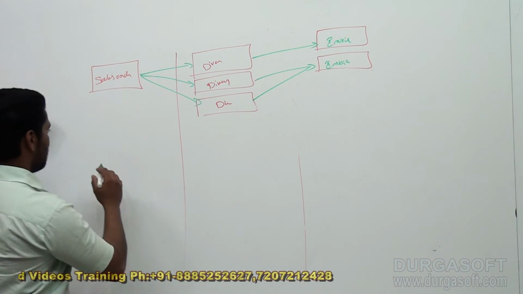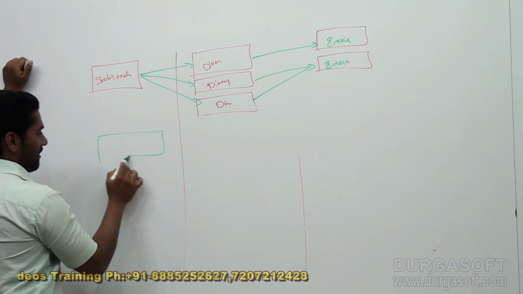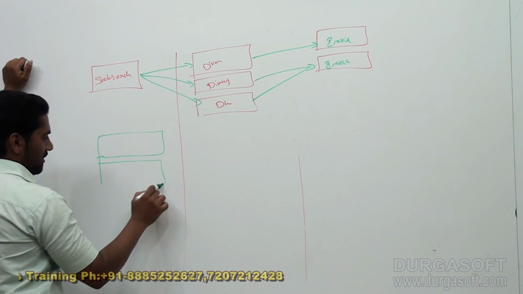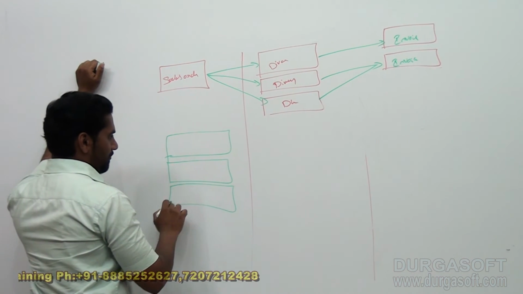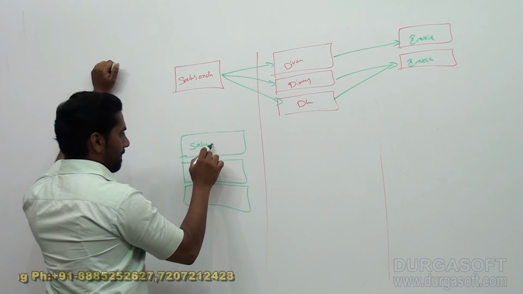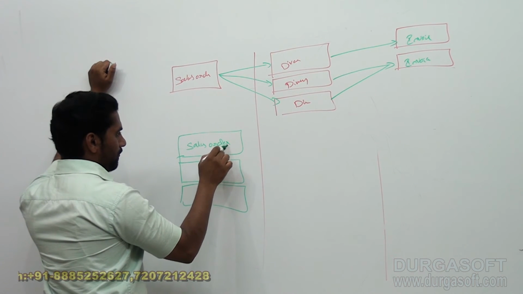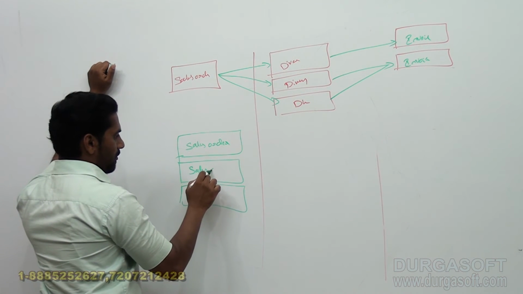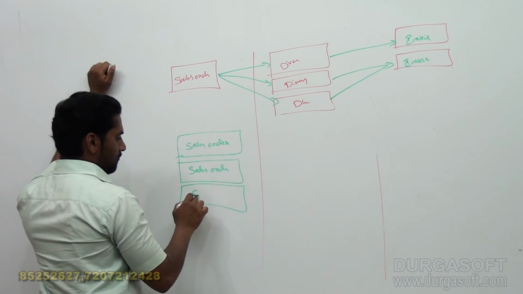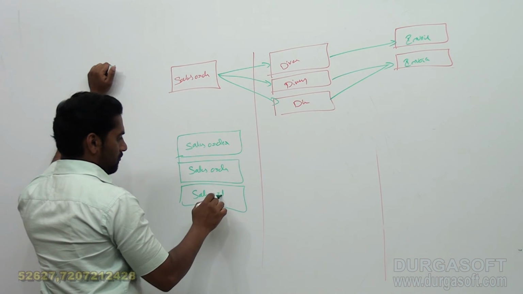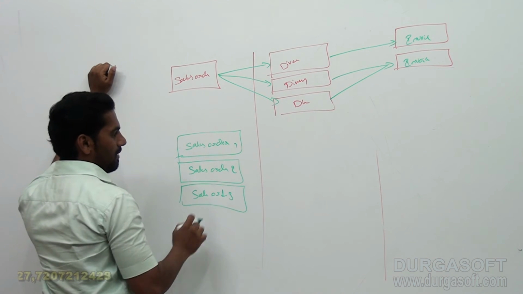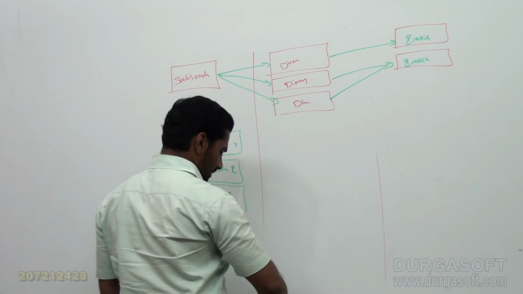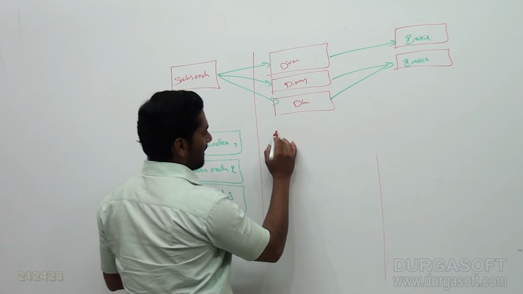So if you have multiple sales orders like this one, sales order 1, sales order 2, sales order 3, for all three we can do the delivery as one delivery.